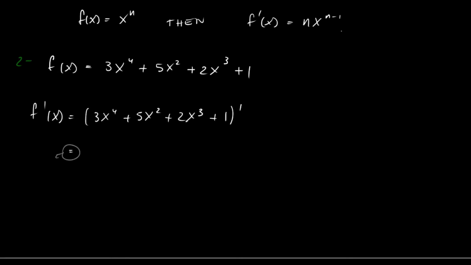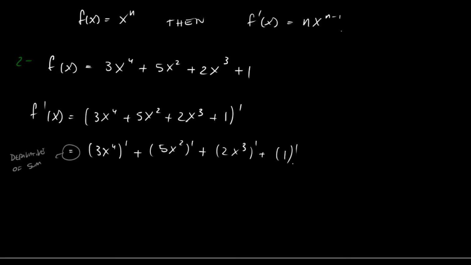We are first going to use the derivative of a sum. So this is 3x to the power 4, the derivative, plus the derivative of 5x squared, plus the derivative of 2x to the power 3, plus the derivative of 1.